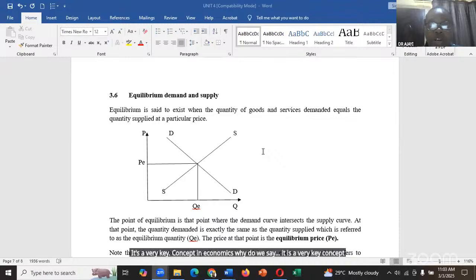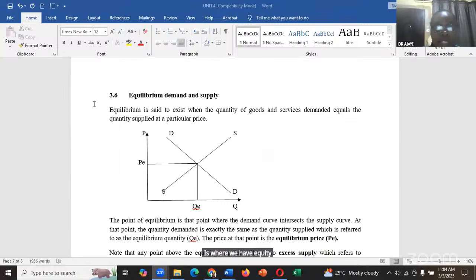Because it considers the consumer's side as well as the supplier's side, and it tries to bring them to par. So when we are asking which price you are willing to pay, and which price the suppliers are willing to give, then the point of agreement between the suppliers and the consumers is where we have equilibrium.